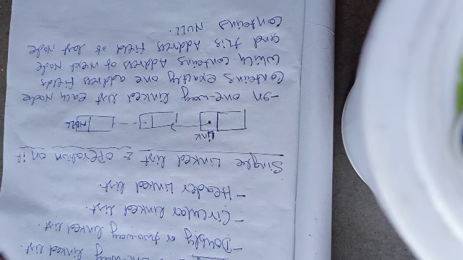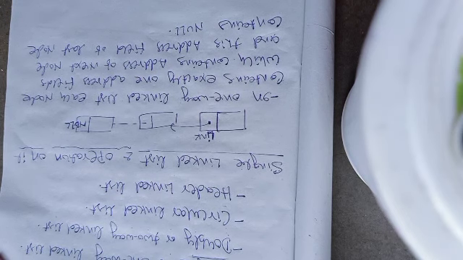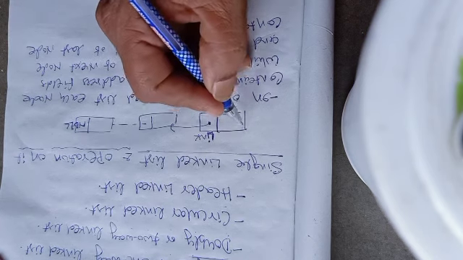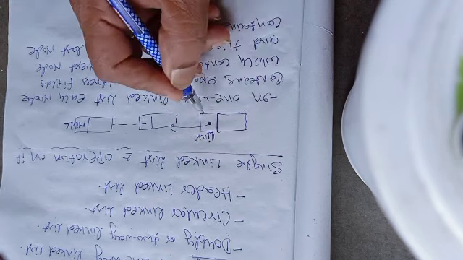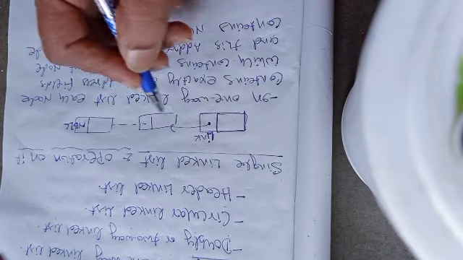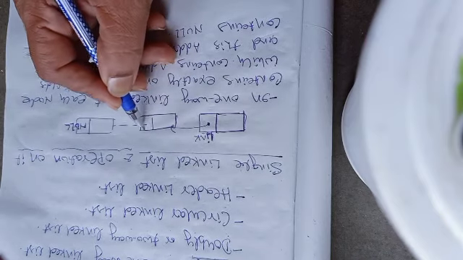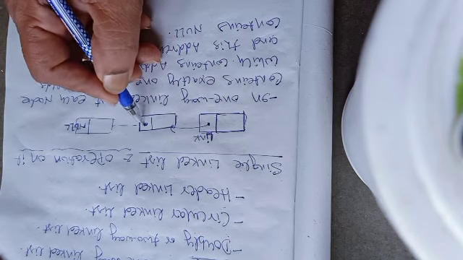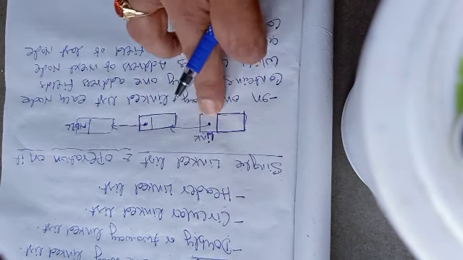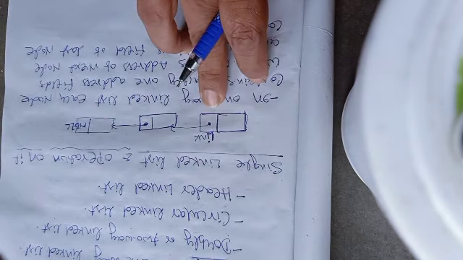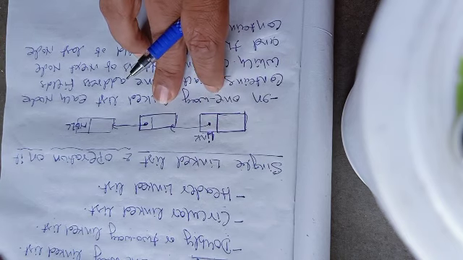In a single linked list we have exactly one address field in each node. Suppose these are nodes. Node means memory blocks. Each of the memory blocks must have exactly one address field, and this address field contains the address of the next node only.